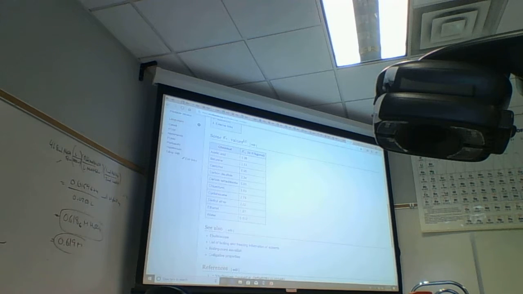And so delta TB is just equal to KB times m. KB is 0.512 degrees C per molal, and we have about 0.799 molal.